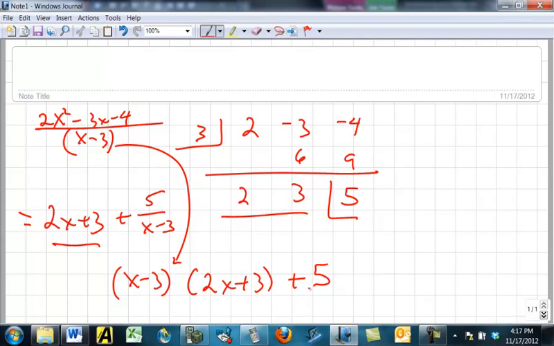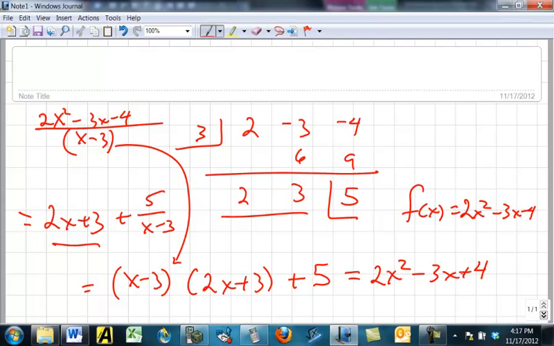Well, notice what happens. If f of x is my original 2x squared minus 3x minus 4, this should be equal to what we started with. So we could write f of x this way.